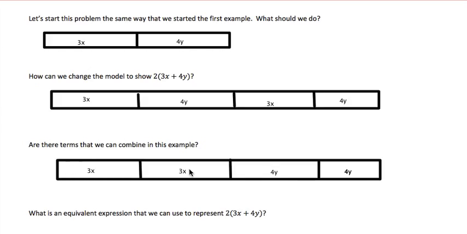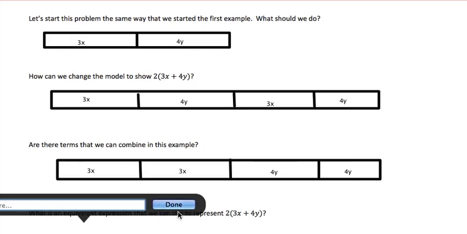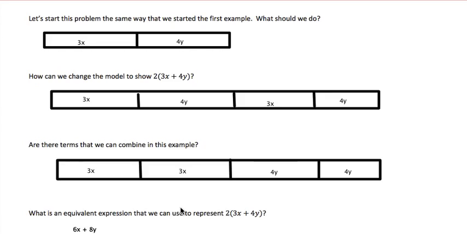And so now we see that we have 3x plus 3x, which is 6x, and 4y plus 4y, which is 8y. The equivalent expression would be 6x plus 8y. 2 times 3x, which is 6x, and 2 times 4y, which is 8y.